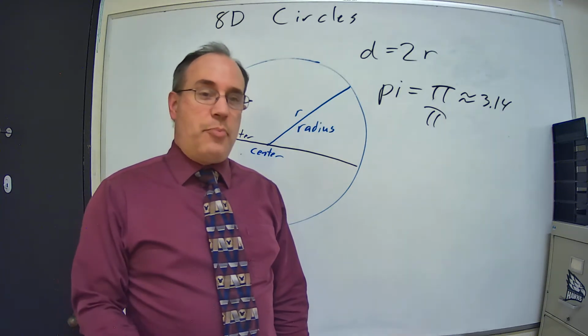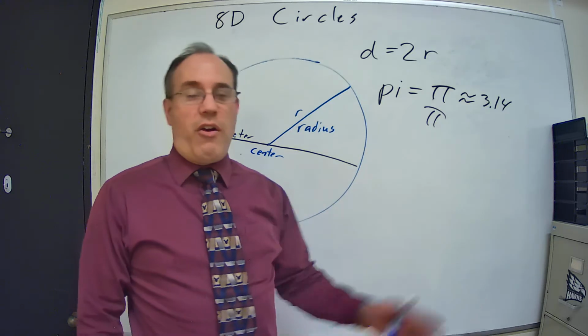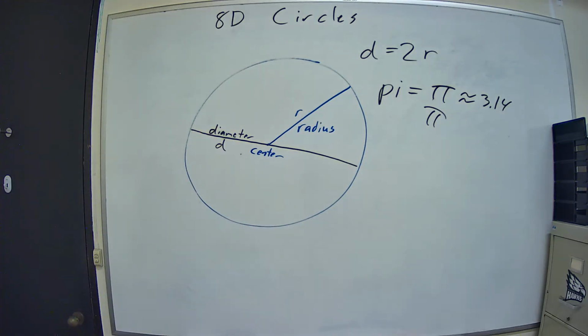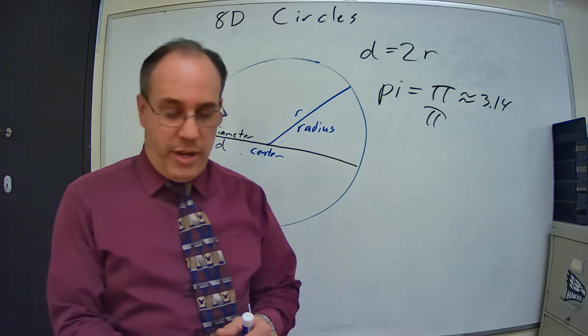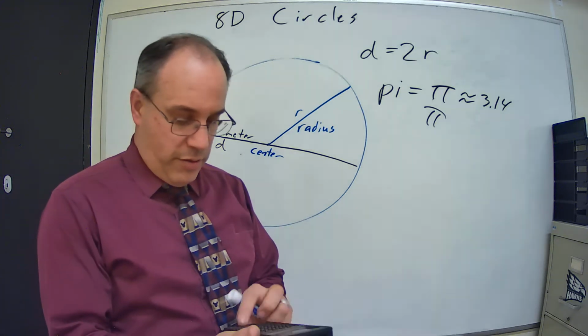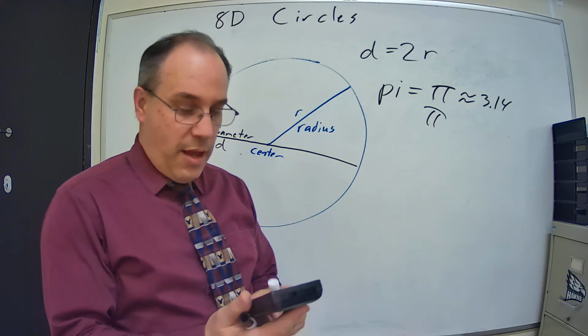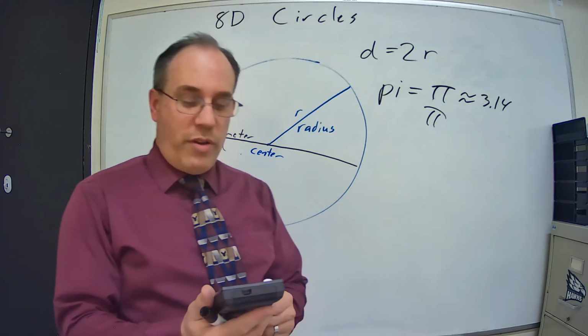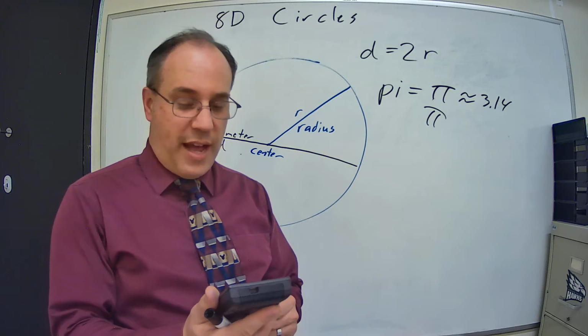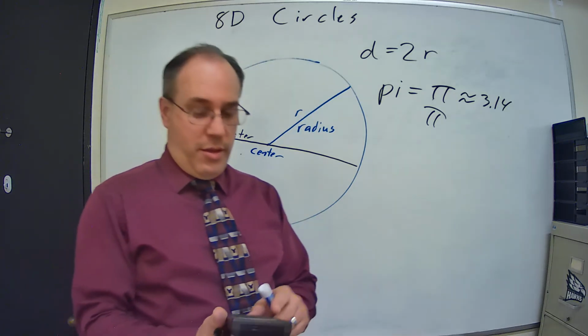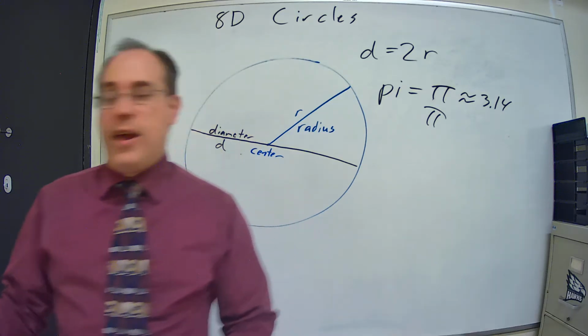And if you press that pi button, it will give you pi to however many digits that calculator shows on its display. So if I grab my calculator here and I use pi, I get 3.14159265359. And it rounded that last one. It obviously goes on forever.